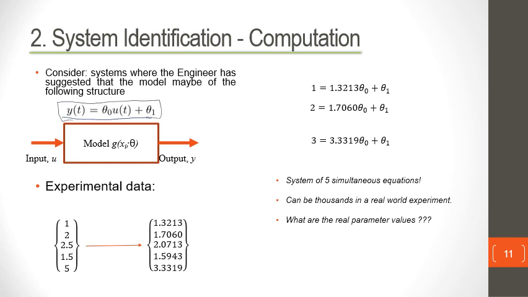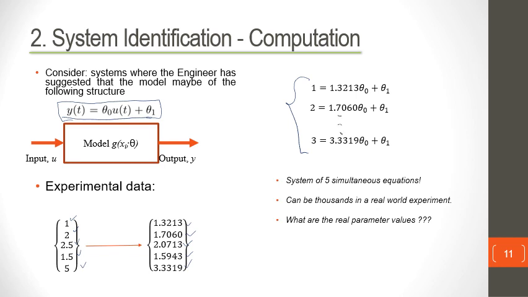Now, in that case, let's say, for example, you have given your system the following inputs: U1, U2, U3, U4, U5, and then you get these following outputs: 1.32, 1.70, 2.07, 1.56, and 3.3. Now, it therefore means that, in fact, you have this system of equations, which is 5 simultaneous equations.